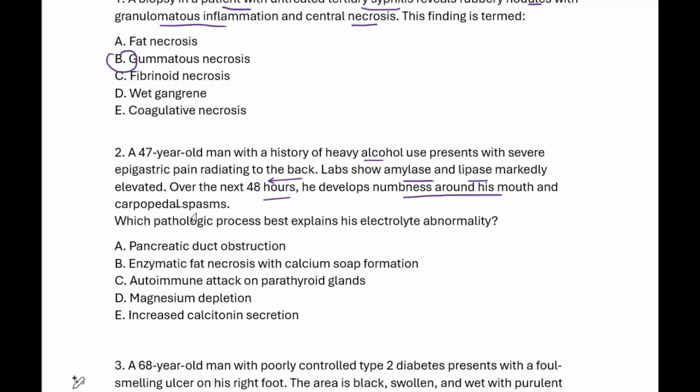They bind to calcium. Because they are binding to calcium, that means you are consuming the calcium in the process of what? Saponification, right? And then because of that, those patients will develop what? Hypocalcemia, right? So this patient is having symptomatic hypocalcemia as a result of saponification, as a result of us consuming those calcium. So this patient has numbness around the mouth and carpospasm.